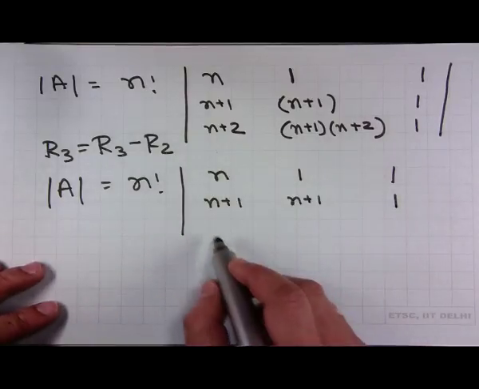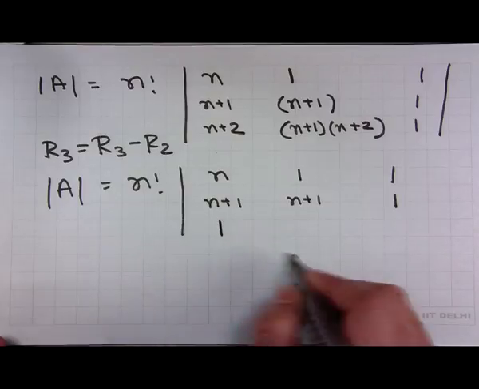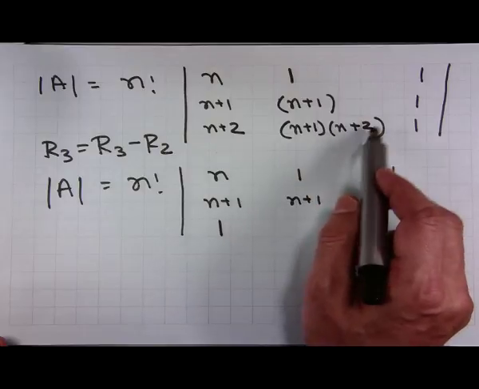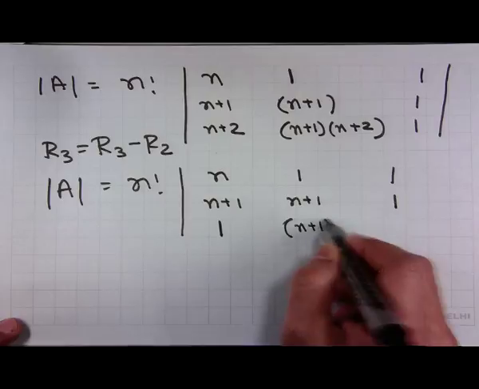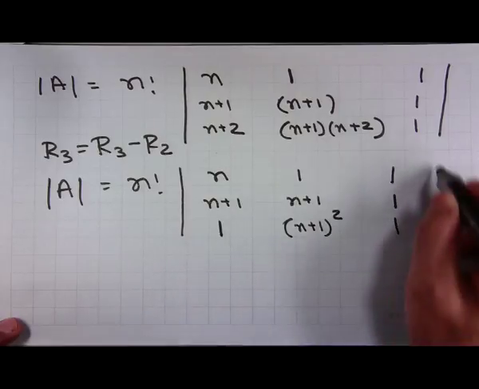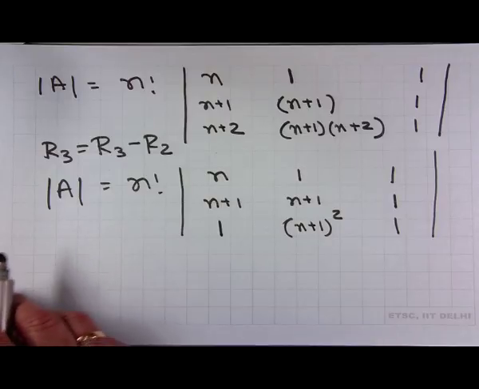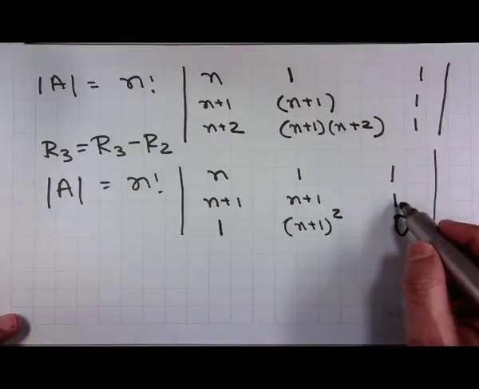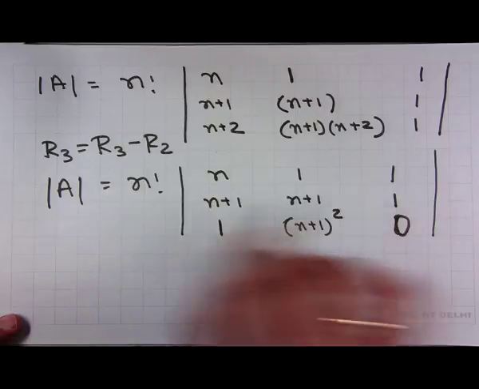As I am subtract the second row from the third row, I get 1, and I get n plus 1 into n plus 2 minus 1, that is n plus 1 whole square, into 1. Now, we simplify it further. As I subtract 1 from 1, we get 0.